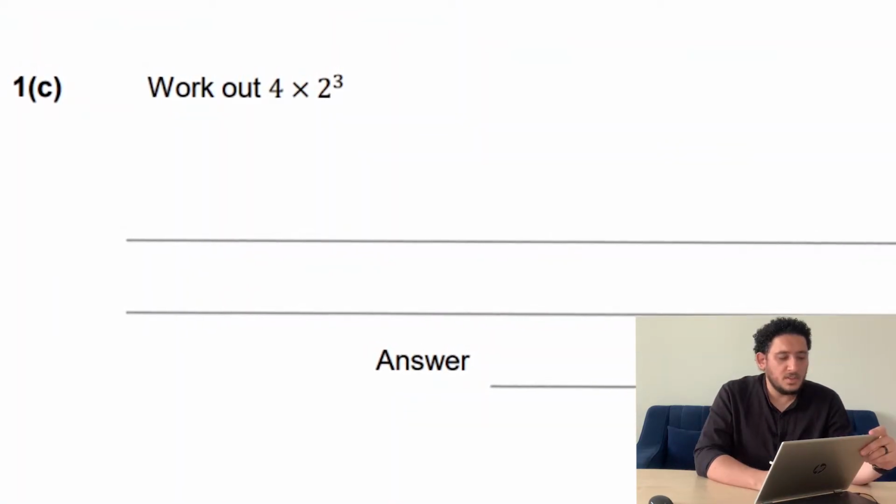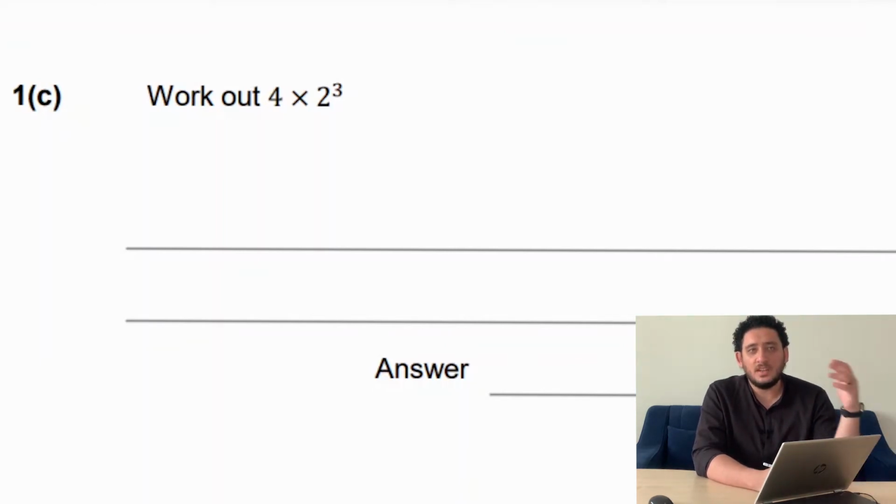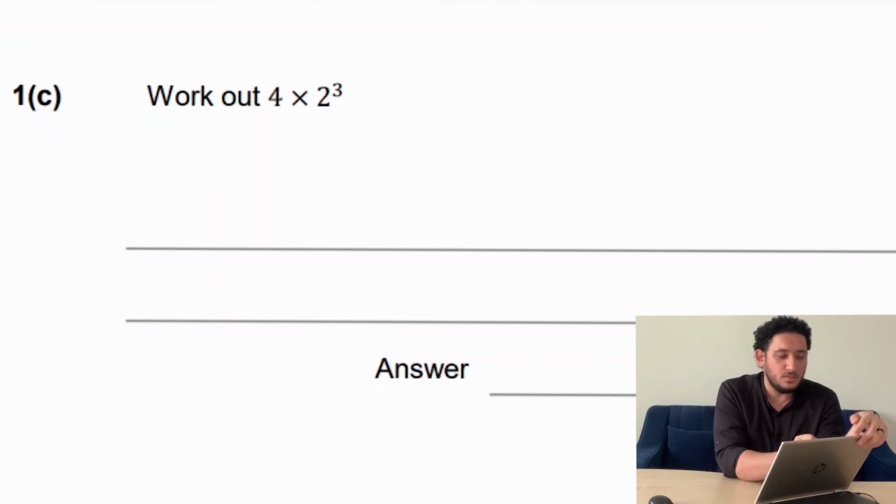The third one is work out 4 multiplied by 2 power 3. Of course, you know that 2 power 3 equals 8 because you multiply 2 by itself 3 times. But in this case, if we want to use the rules of indices, we will say 4 equals 2 power 2. So we can replace 4 and write 2 power 2 multiplied by 2 power 3.